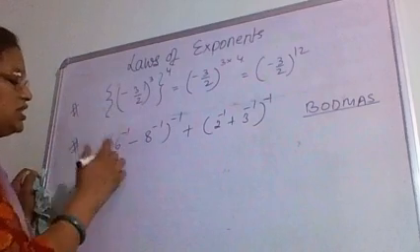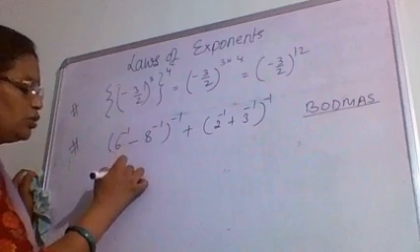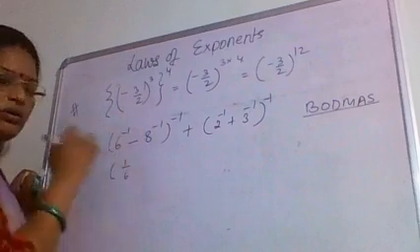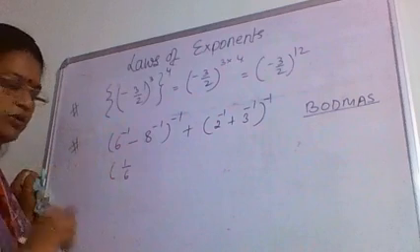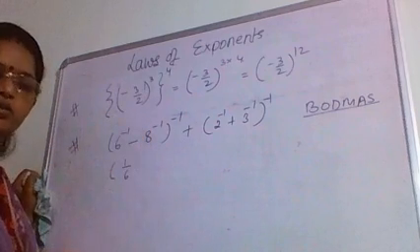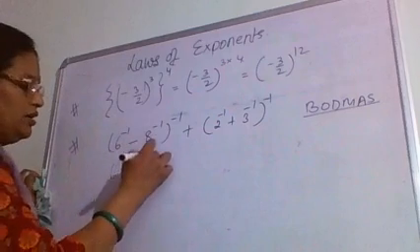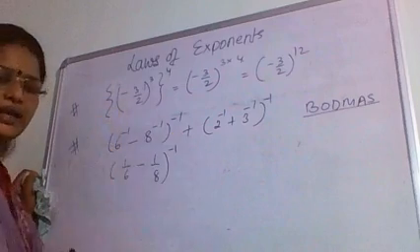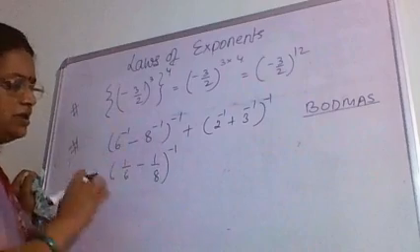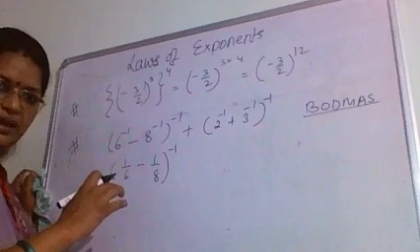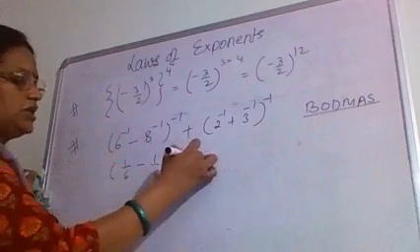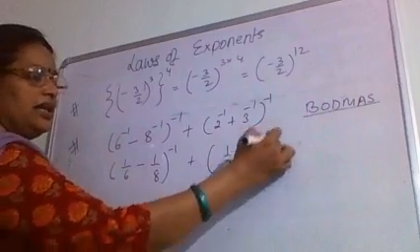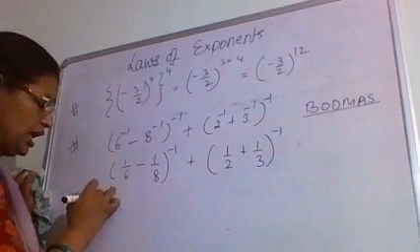So 6 raised to power minus 1 can be written as 1 by 6, because the power is negative, so the base gets reciprocated, and because the power is 1, no need to write 1. Similarly here, and we leave the outer power, because first we solve inside the bracket and then the outside part. Here it is 1 by 2, similarly 1 by 3.